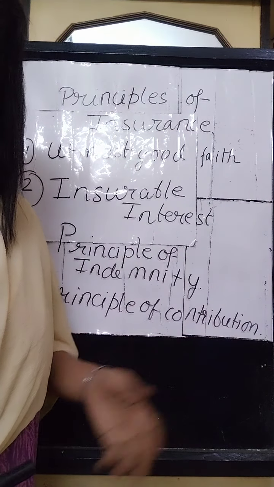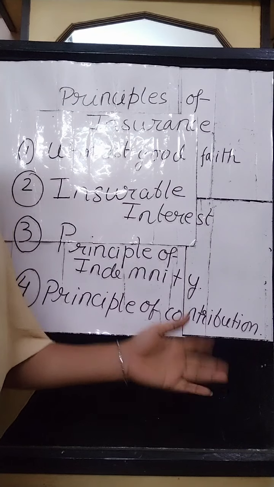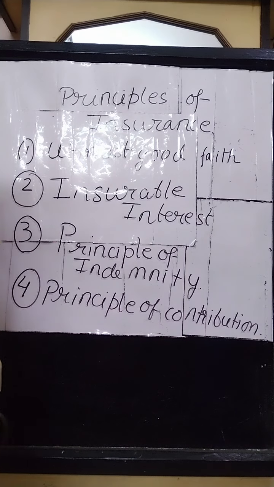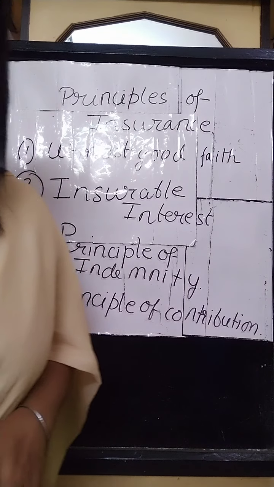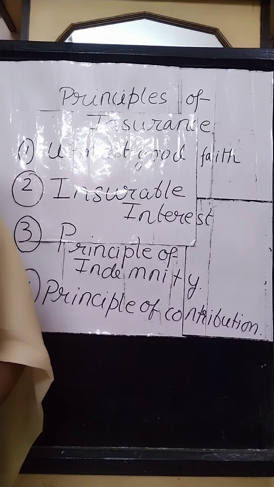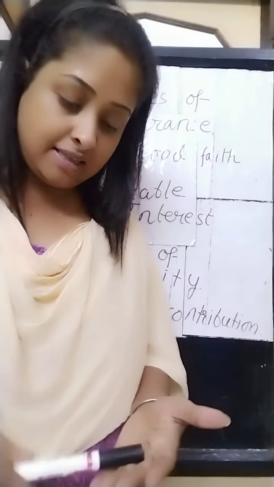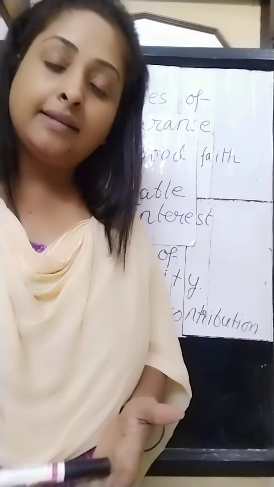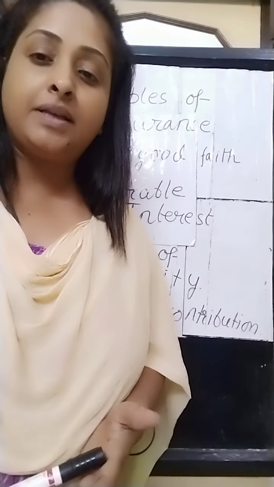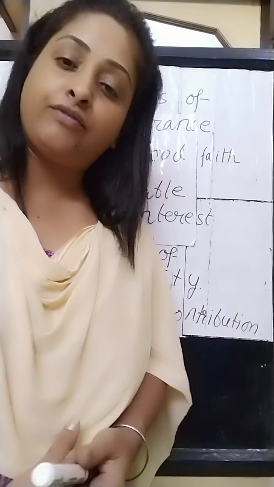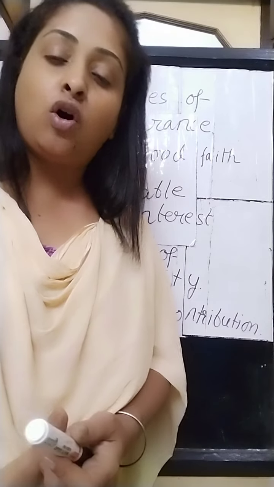For example, a person insured his factory for 2 lakh against fire. Due to fire, he has suffered a loss of rupees 1 lakh. The insurance company will compensate him for 1 lakh only and not the policy amount of rupees 2 lakh. If he has suffered a loss of rupees 1 lakh, then the insurance company must compensate the sufferer for the damage of rupees 1 lakh.